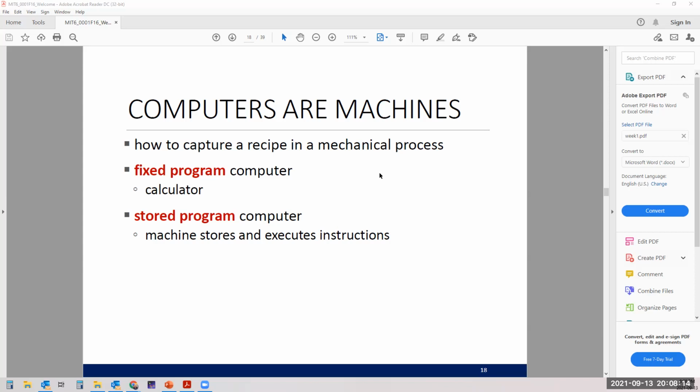So I have a fixed program in the computer, or I have a stored program to inject into a certain computational device, like a robot, a machine, a toy, whatever.